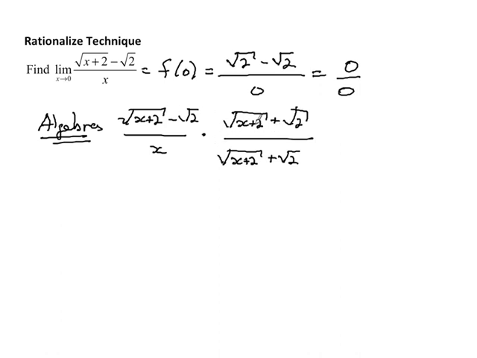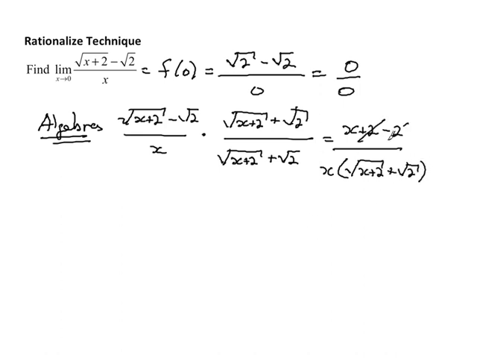Now, this is a conjugate in case you didn't recognize it. So when I multiply this out, because it's plus and minus, it's like the difference of squares. I'll get this squared minus this squared. So this first term squared is simply going to be x plus 2, minus the square root of 2 squared, which is minus 2. And then divided by x times the square root of x plus 2 plus the square root of 2.